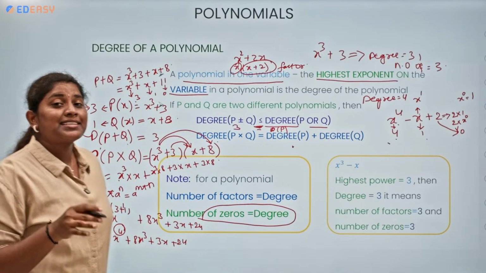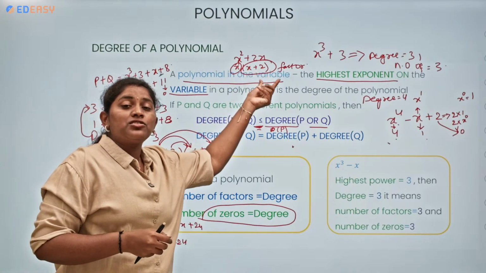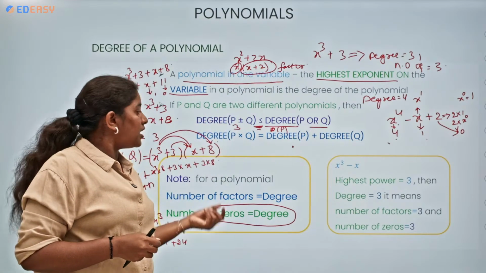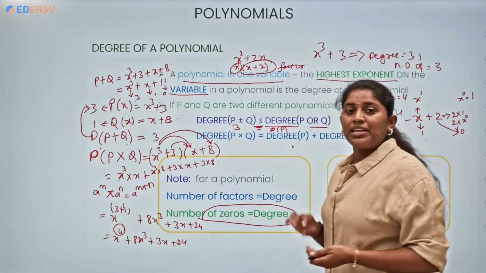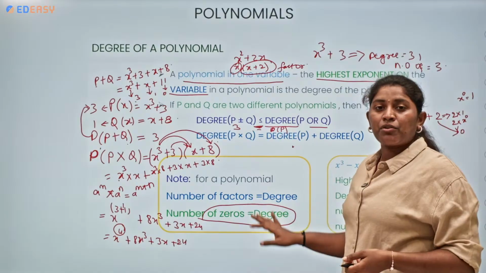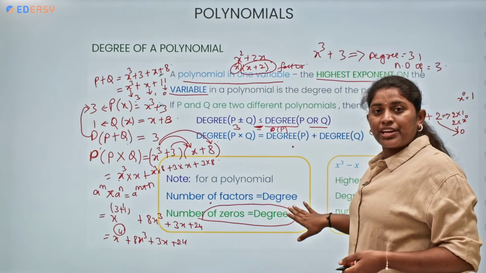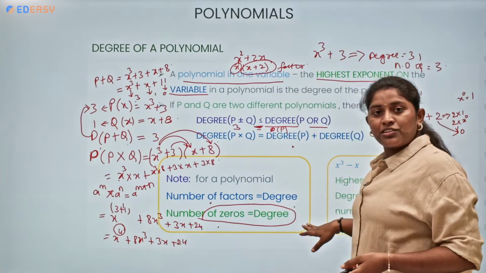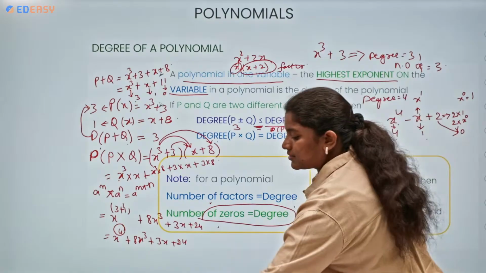So polynomials can be factorized, and the number of factors of your polynomial is equal to the degree of the polynomial. Okay, so simply the relation between degree, number of zeros and number of factors is, where number of factors equals degree and number of zeros is also equal to degree. Okay, let's see the next.